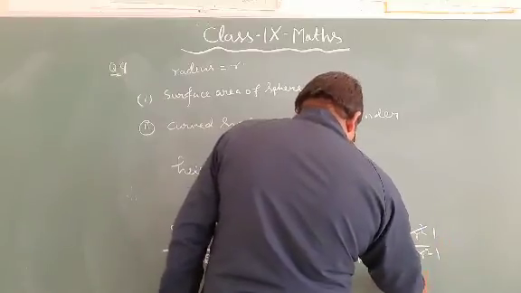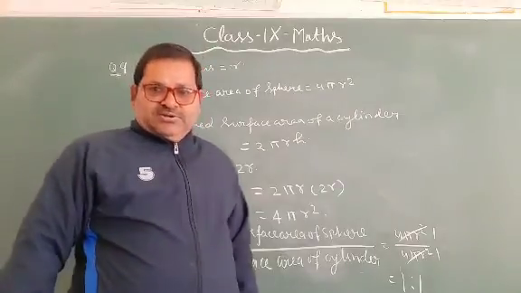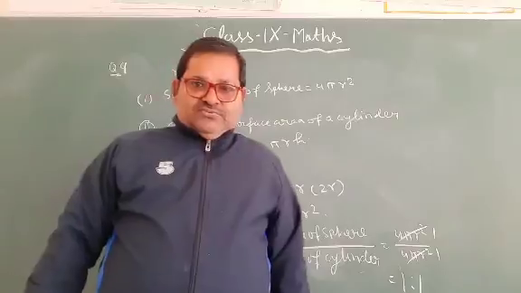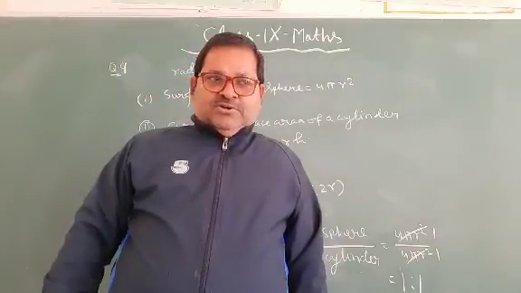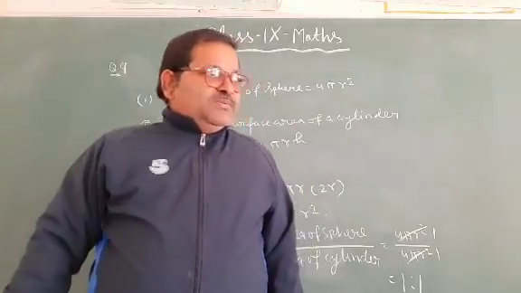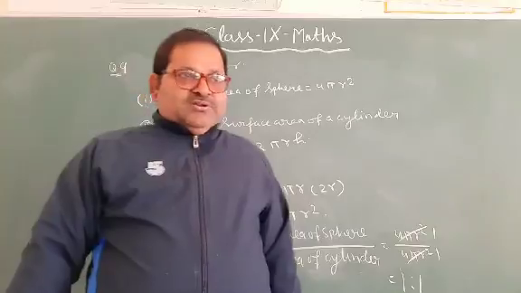So that is 1:1, the ratio of surface area of sphere and curved surface area of cylinder. Clear? Now thank you.